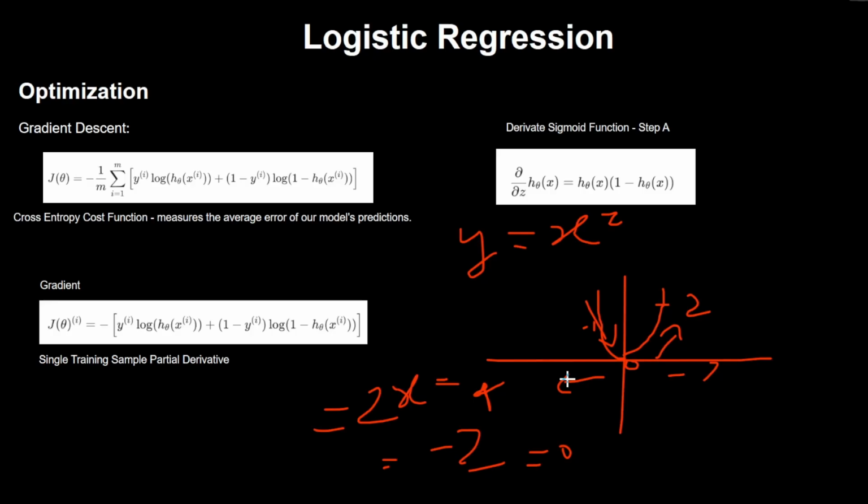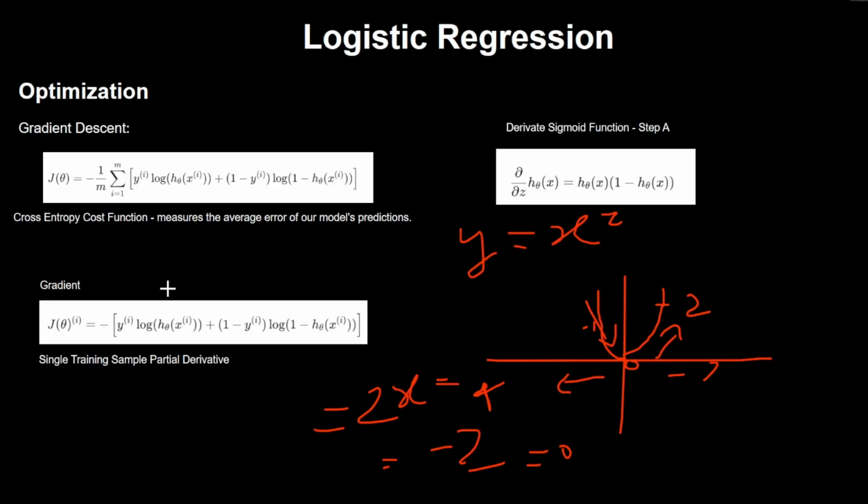The next thing we want to see is this formula, the cross entropy cost function. Let's find the derivative for a single training example. For every training example, we take the summation and average. So for a single training example, we just need to find the derivative, and we can generalize it to the entire data set.